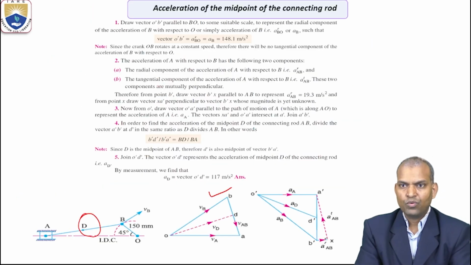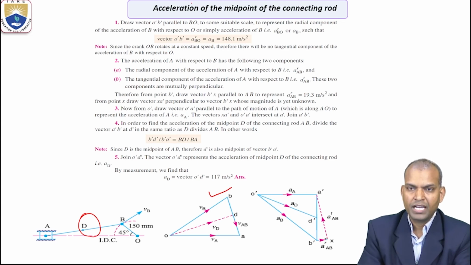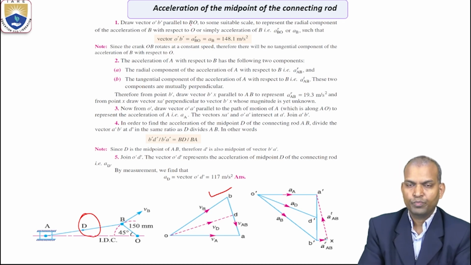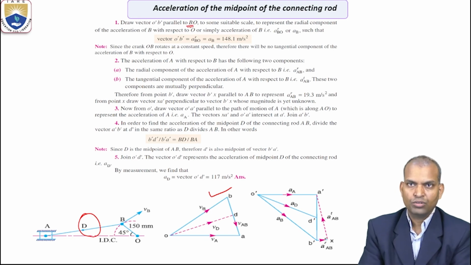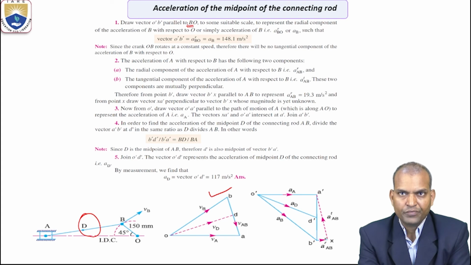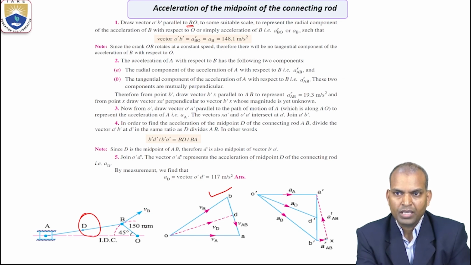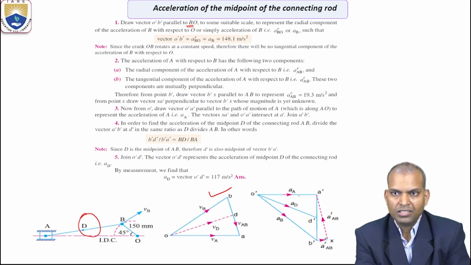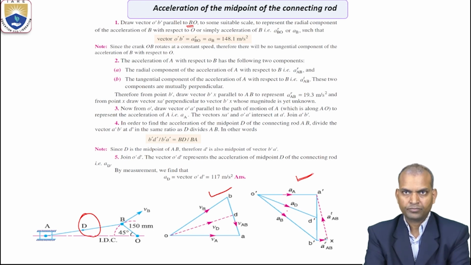Draw the vector O dash B dash parallel to BO. Always understand that capital letters relate to the space diagram or configuration diagram. Focus on the acceleration diagram, not on velocity, because we are discussing the acceleration diagram.